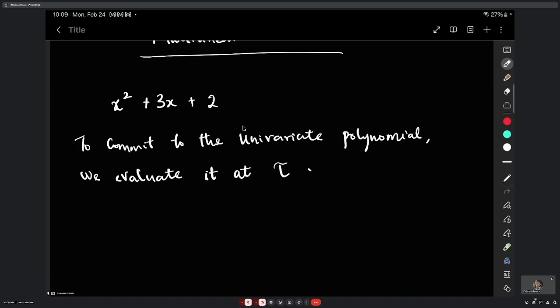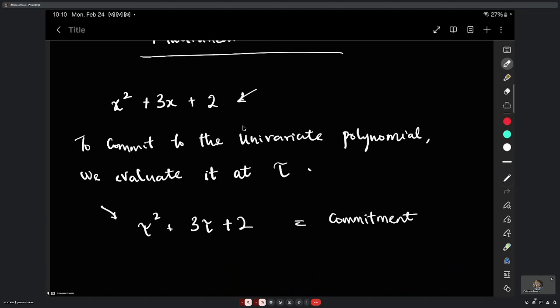So we just plug in tau here, so it becomes tau squared plus 3 tau plus 2, and whatever thing we get is our commitment. Did this make sense? So we just evaluate this polynomial at tau.